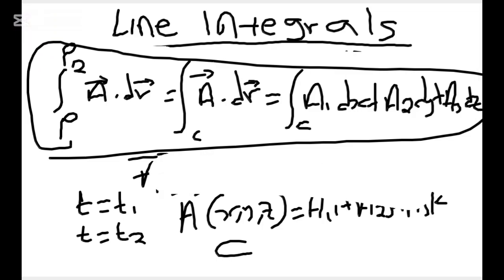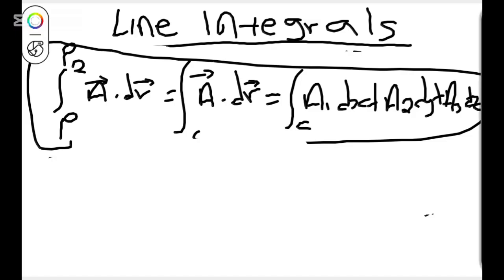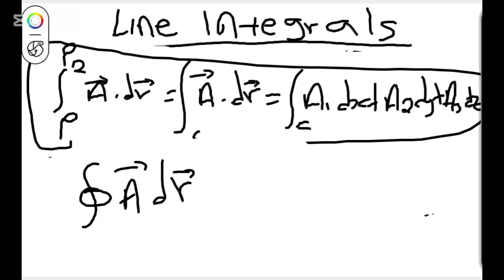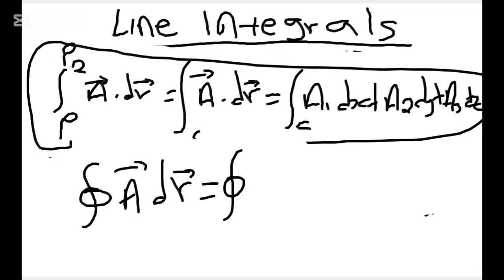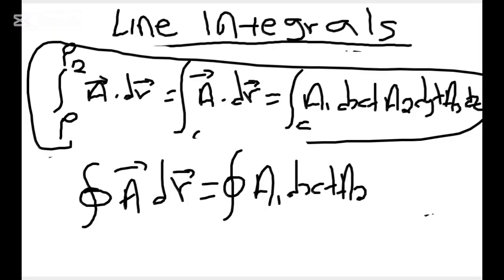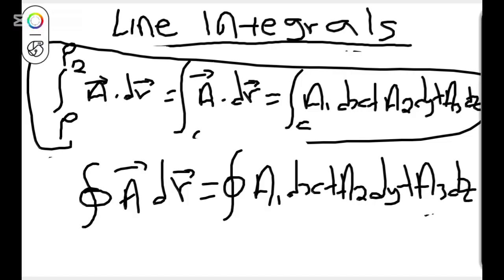Will often be denoted by the integral of this vector A dot dr, which is the vector r. So this is the same thing as the integral of A1 dx plus A2 dy plus A3 dz.